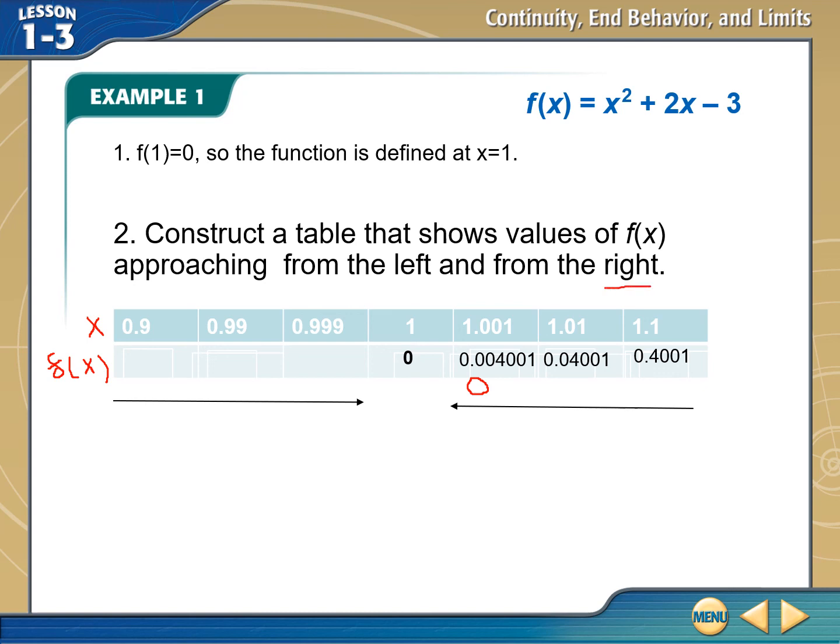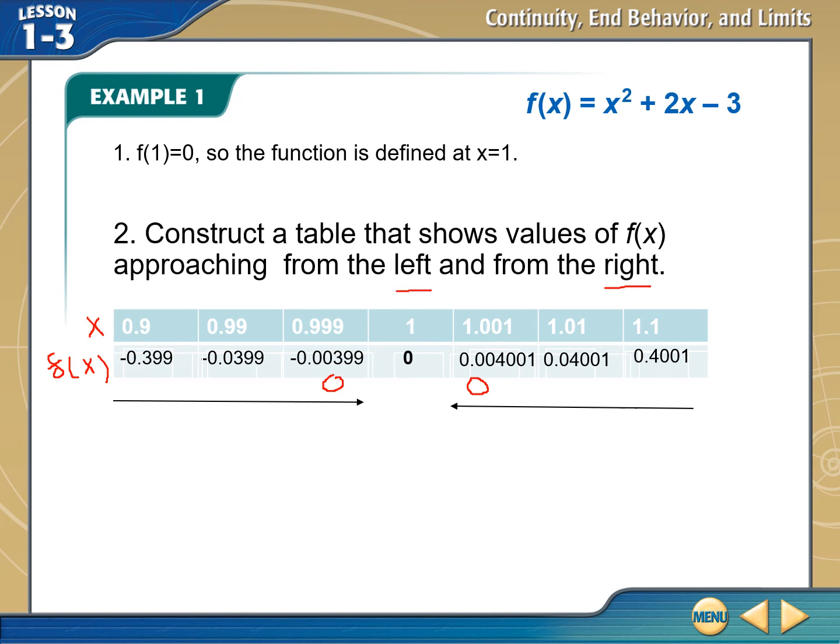What about the left side? Here are the answers. It's getting smaller and smaller and negative. And you can try more numbers if you want, 0.9999999. You will find yourself getting closer and closer to 0. Every time you will be adding one more 0 here and one more 0 here, and it looks like these numbers from the left side are trying to approach 0.